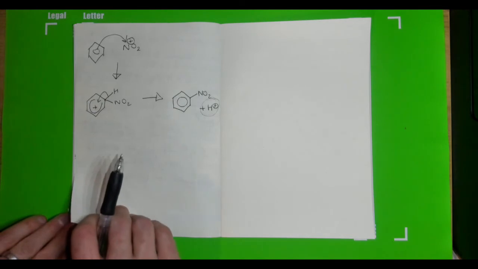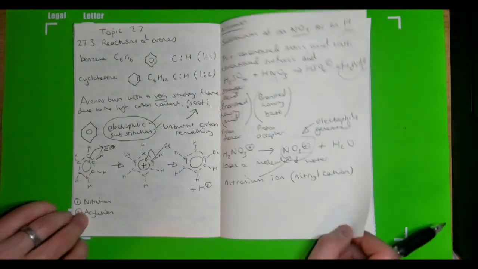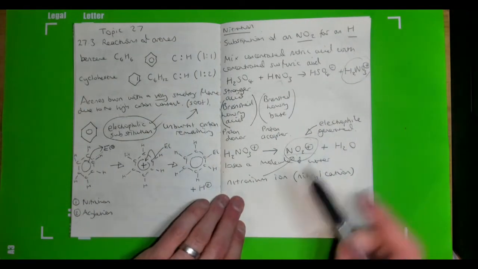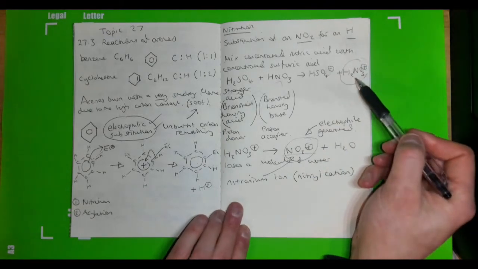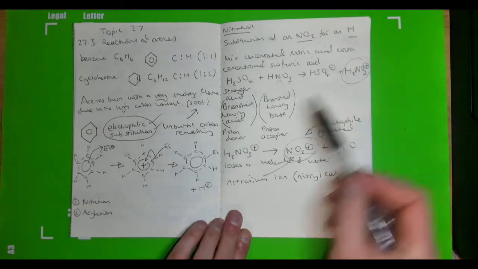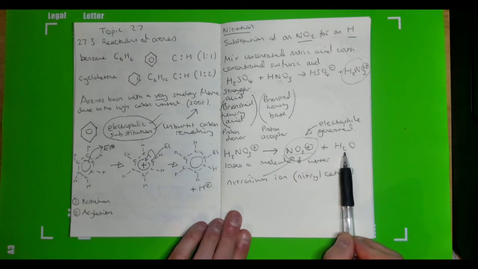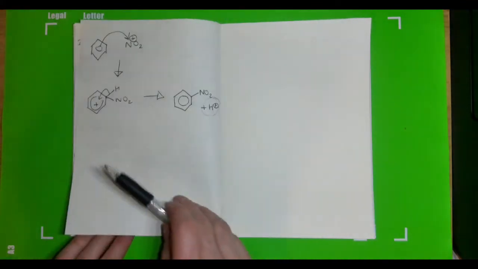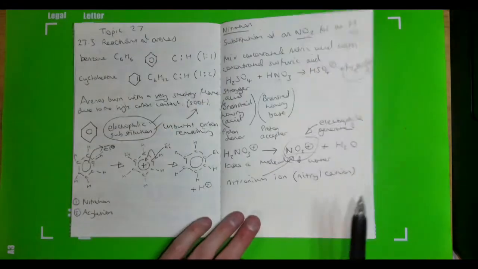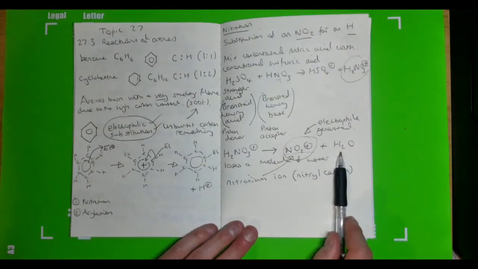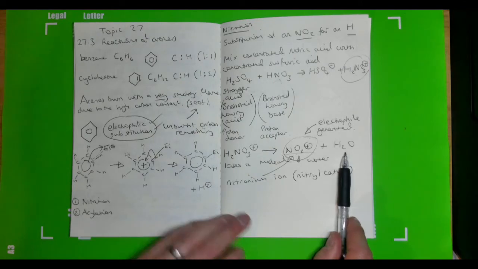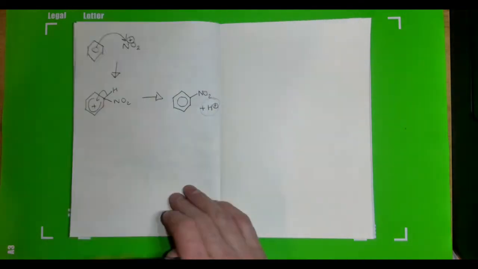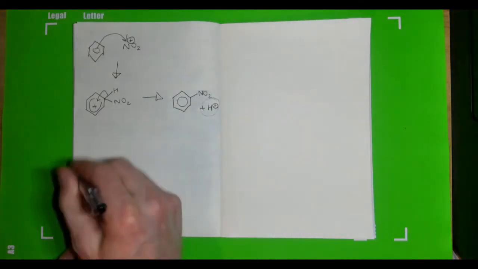Let's go back to see what we didn't use. Now we know that this species here went on to make NO2 plus in water. We know that the NO2 plus was used here. Water is a stable molecule, so that is going to be a product. So I'm going to write down the overall reaction here.